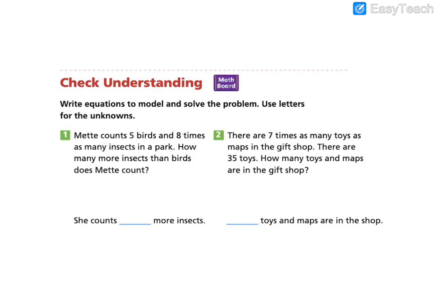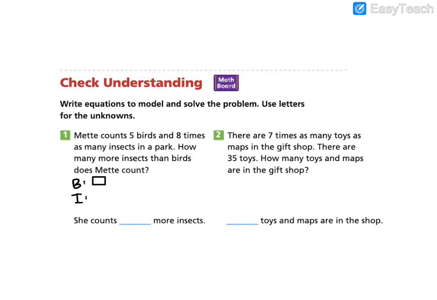Okay, so we'll go ahead and complete check understanding. Mid counts 5 birds and 8 times as many insects in a park. How many more insects than birds does Mid count? So we've got birds and we've got insects.